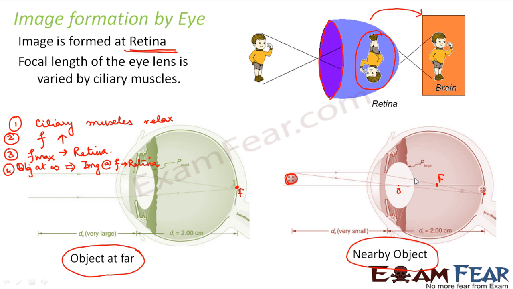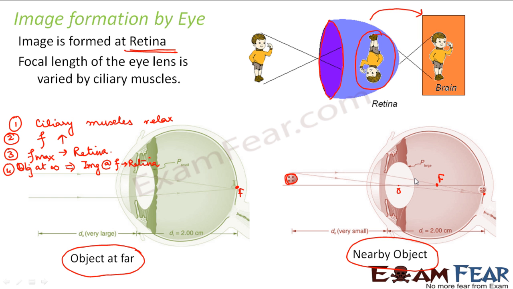So for any eye without any defect, because mostly you would have heard complaints of your grandfather or grandmother that during their old age, they are not able to see things clearly. So the visibility decreases. That's because with old age, the flexibility of the ciliary muscles decreases.